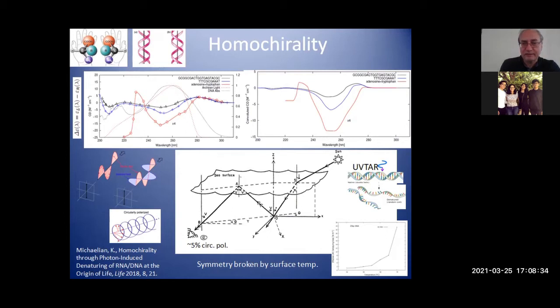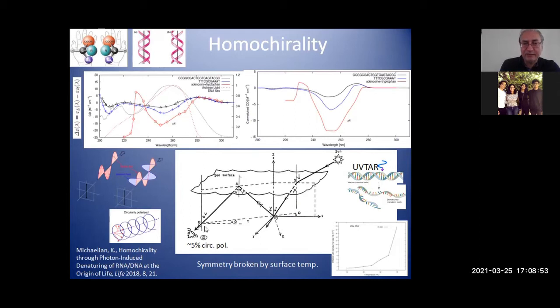So if this mechanism of light-induced denaturing was operating during the Archean, and it was a temperature-dependent effect, as I showed in this graph at the bottom here. As the temperature goes up, this light-induced denaturing also increases significantly.